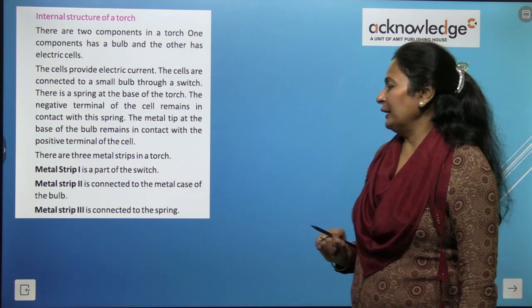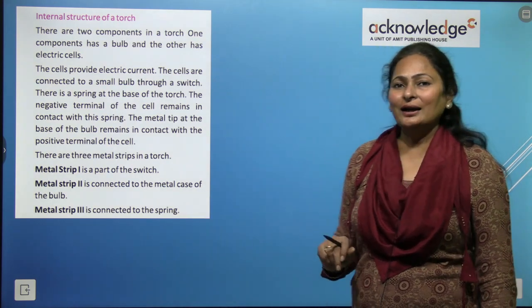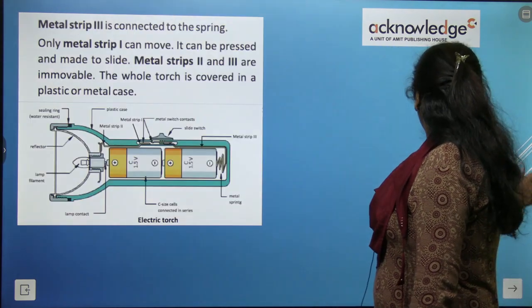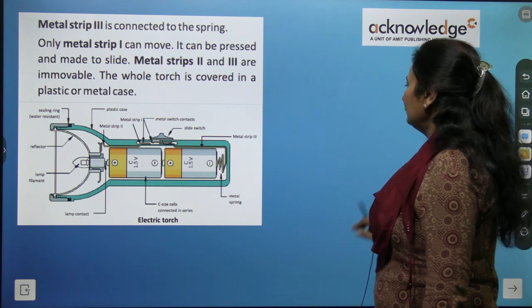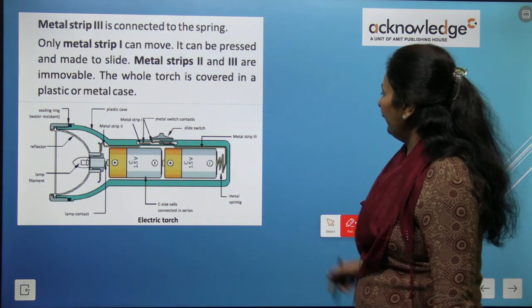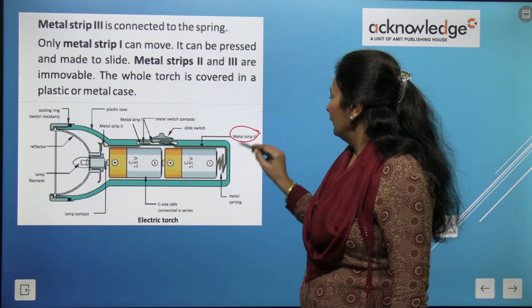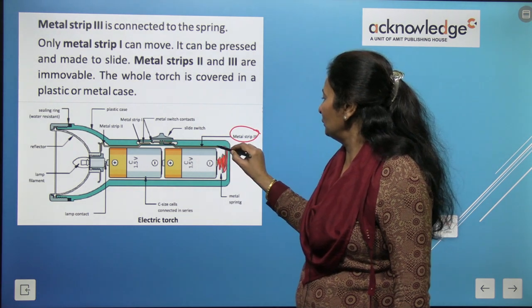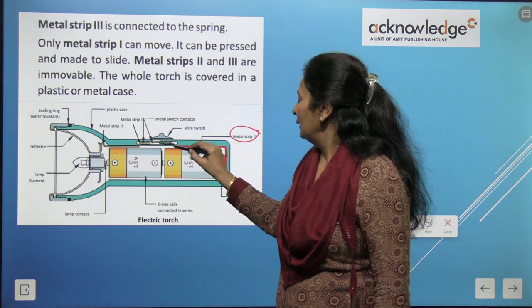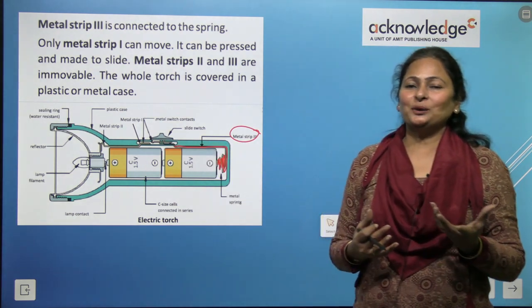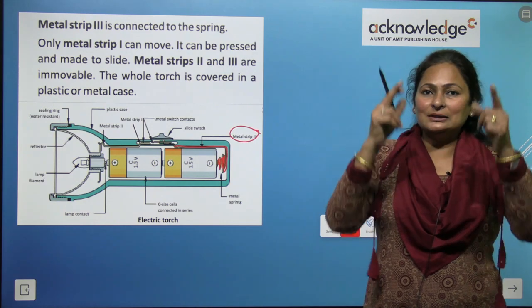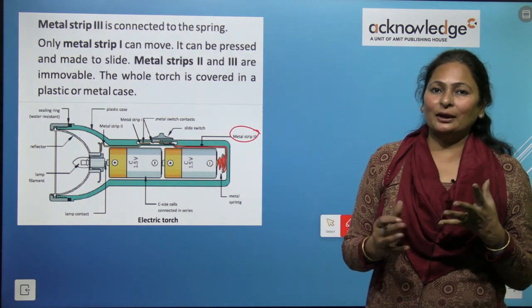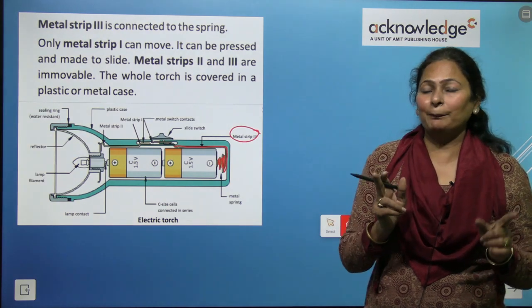The third metal strip is connected to the spring. Now move on to the spring. You can find it here, the metal strip 3. So this is metal strip 3. In actual, this metal strip is one strip which is divided into 3 parts.